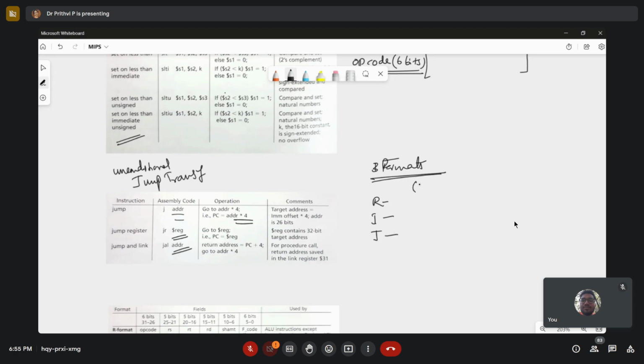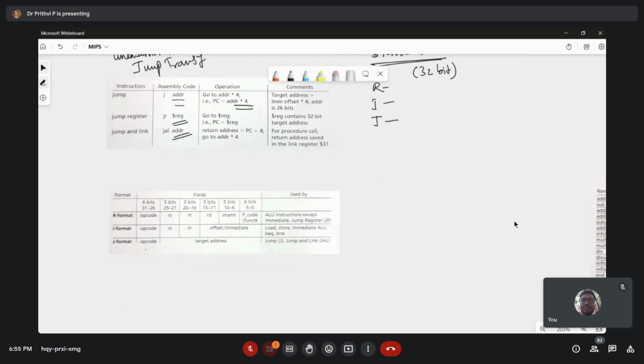Every format is 32 bits in size. I'll show the table. Yes, this is the table. See here, every format you take, all the instructions we have seen so far, this is MIPS encoding, classified into three formats.